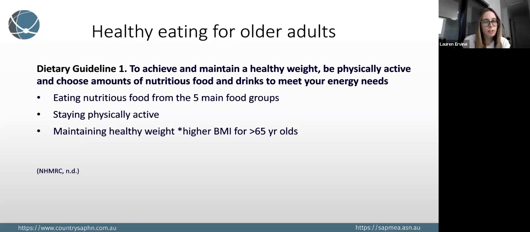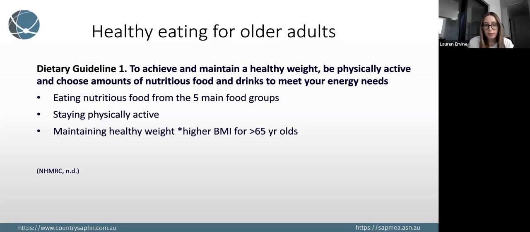So again, choosing food from the main food groups, so your breads and cereals, your fruits and vegetables, dairy products, and then your meat-based and vegetarian and vegan alternatives to protein. So that would be your main 5, and then obviously most of the time limiting your intake of discretionary foods, but we will touch again on that a little bit because that changes around a little bit too.